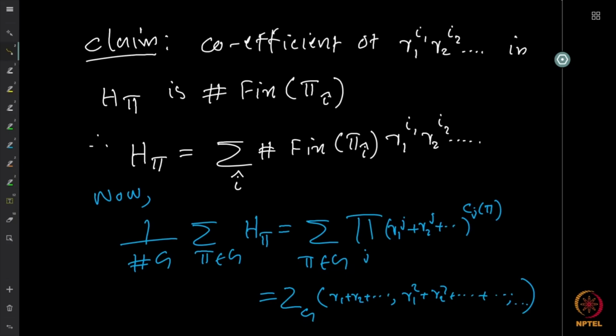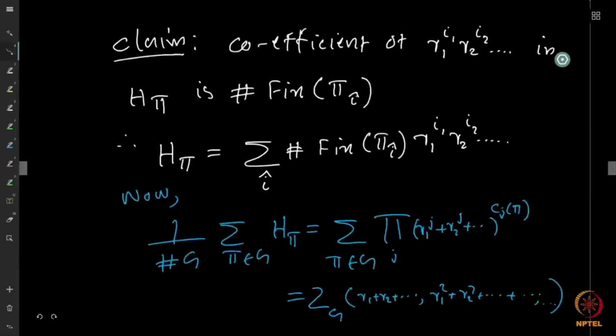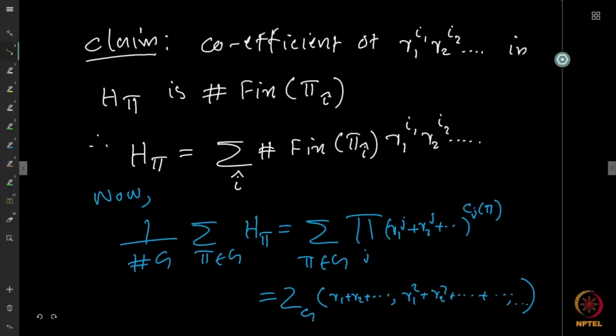This is what we just argued right before. So now we can apply the result, that is, 1 by order of G, summation over all pi belonging to G of S pi is equal to summation over all pi belonging to G of the product over j, which was how h pi was written, (r1 raised to j plus r2 raised to j plus etc.) raised to c_j of pi.